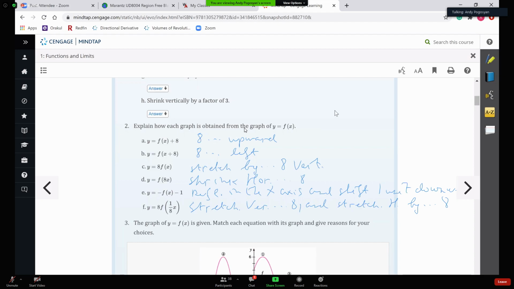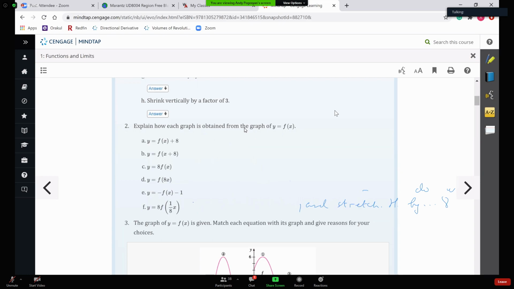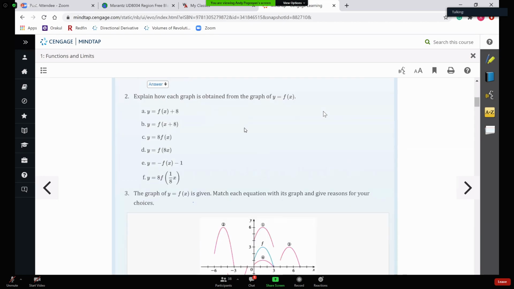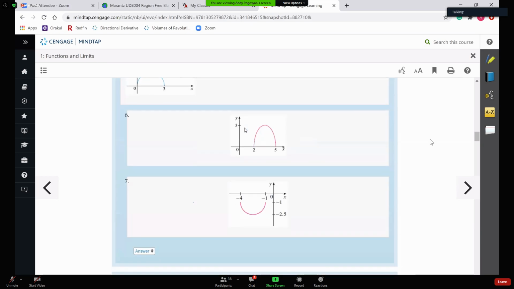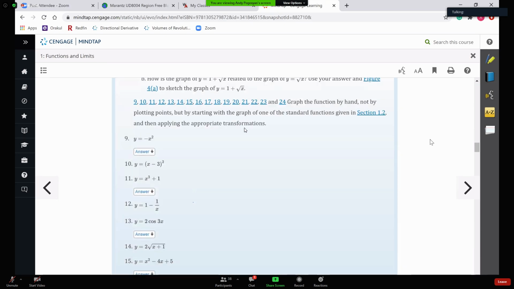Okay, now let's do some graphing. Graph the function by hand and not by plotting points, but by starting with the graph of one of the standard functions and then apply the appropriate transformation.